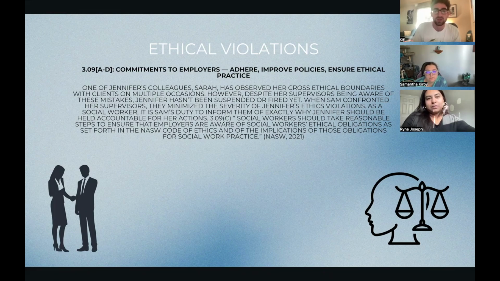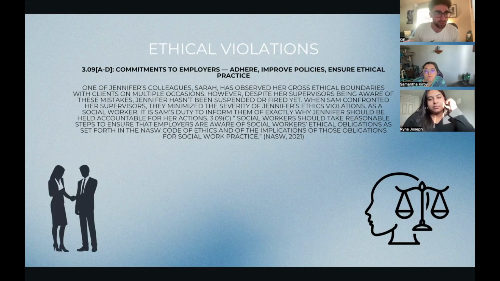However, despite her supervisors being made aware of these mistakes, Jennifer hasn't seen any consequences yet, and it's been weeks. When Sam confronted her supervisors, they minimized the severity of Jennifer's ethics violations. As a social worker, it's Sam's duty to inform them of exactly why Jennifer should be held accountable for her actions. And this correlates to Standard 3.09C.